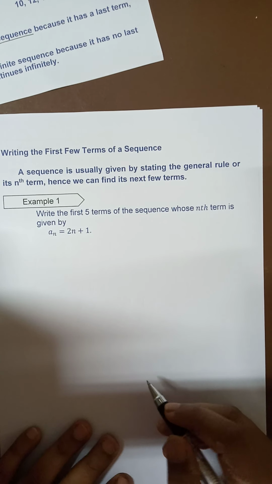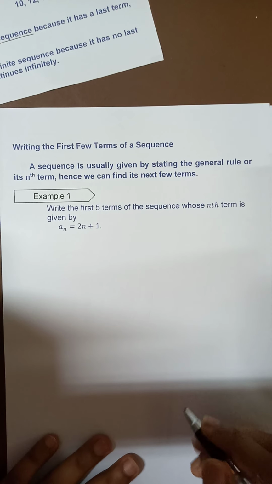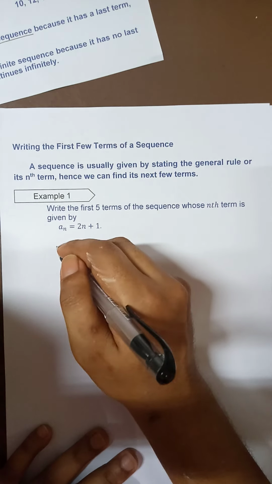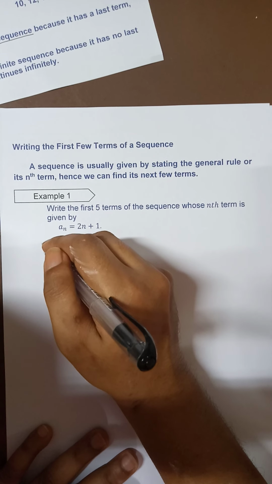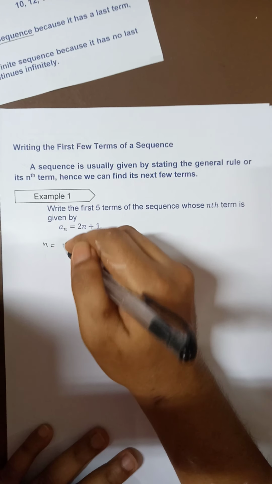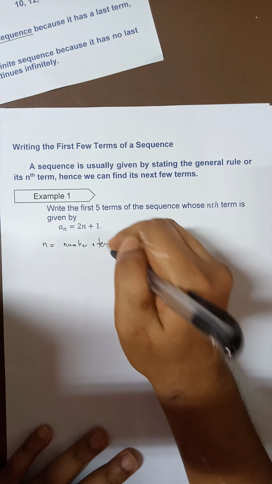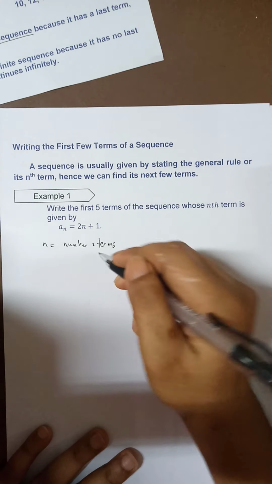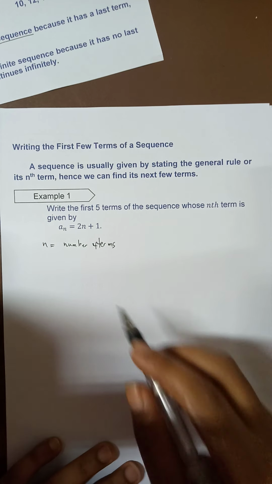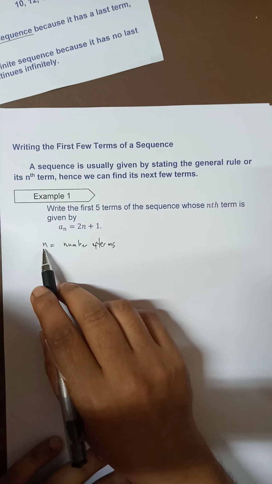So what we are looking for here are the first 5 terms of the sequence. Let n be the number of terms of the sequence. We are looking for 5 terms.